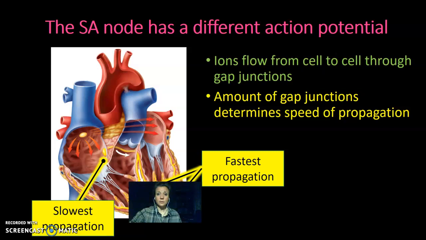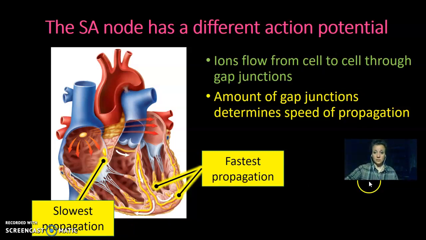All right, so the reason why our SA node has a different action potential is because the ions are going to flow from cell to cell through the gap junctions. And that's also why the SA node is able to propagate or send out these signals so darn quickly. The amount of gap junctions that you have in between the cardiomyocytes is what determines the rate at which the propagation of the signal occurs.